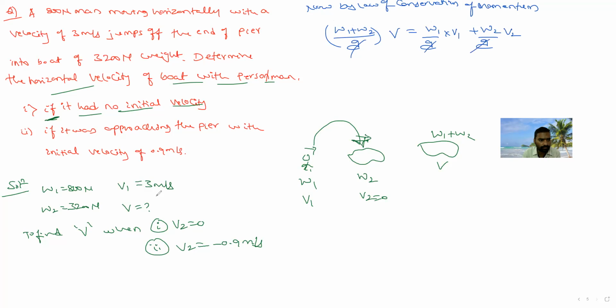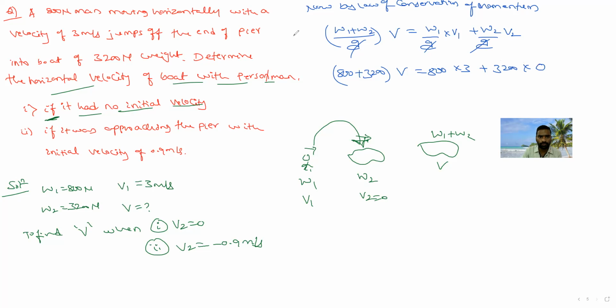So W1 is how much? 800 plus 3,200 into V. You have to determine V first. It is equal to W1, which is 800, V1 is 3, plus W2 is 3,200. Then V2 is 0 in the first case.